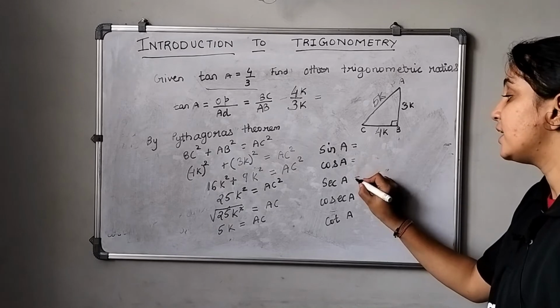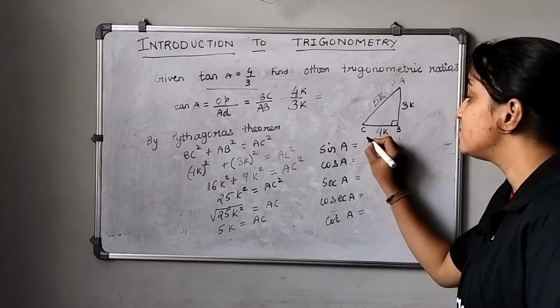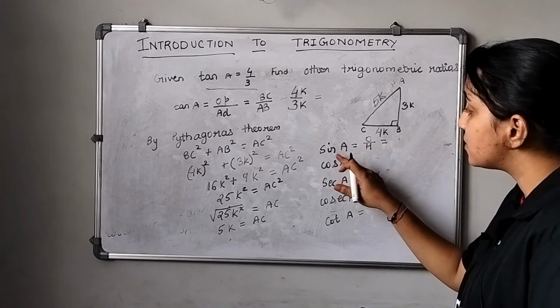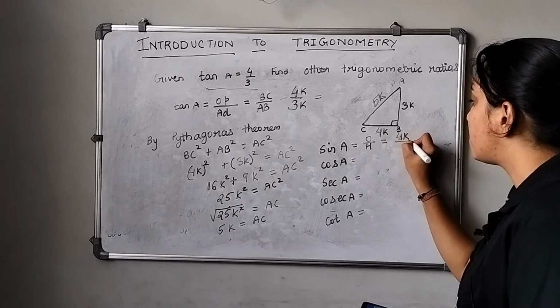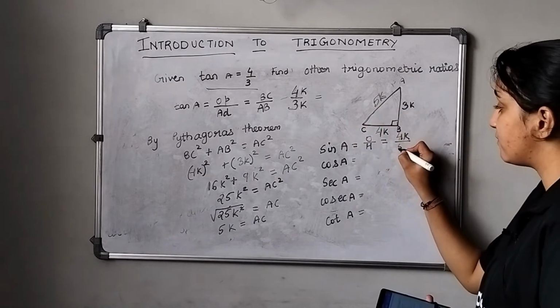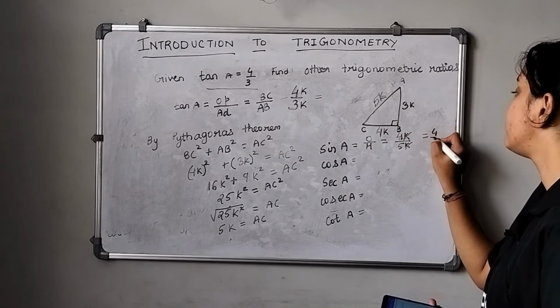I am just writing here in short form; you have to write it in full form. Sin A is what? Opposite upon hypotenuse. What is the opposite of A? 4K upon what is the hypotenuse of this triangle? 5K. Now this K gets cancelled. You have 4 upon 5.